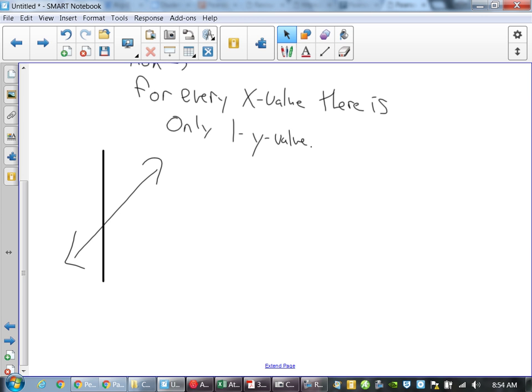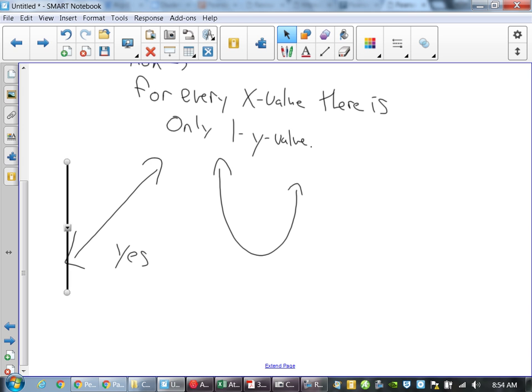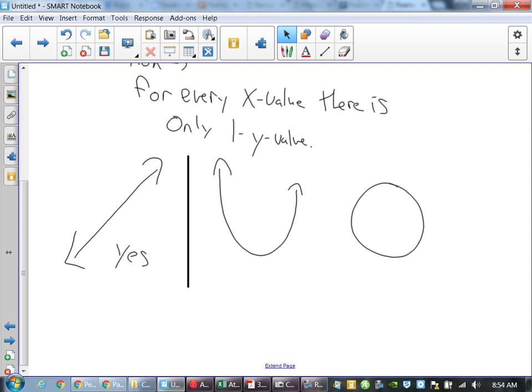Yeah. So this would technically be a function. A parabola. Does that pass the vertical line test? Yes. A circle. No, it doesn't pass. So that's not a function.